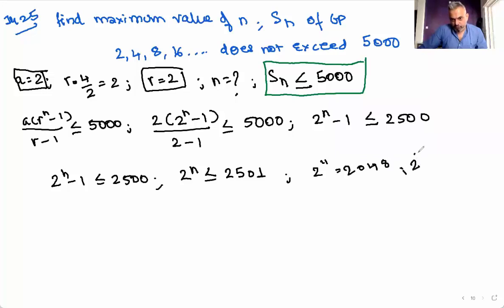And 2 raised to 12 is equal to 4096. So what do we need? We need less than 2501. Therefore 2 raised to 11 is less than or equal to 2501.